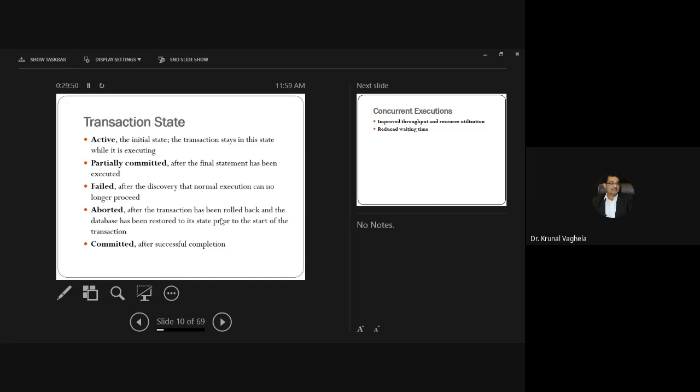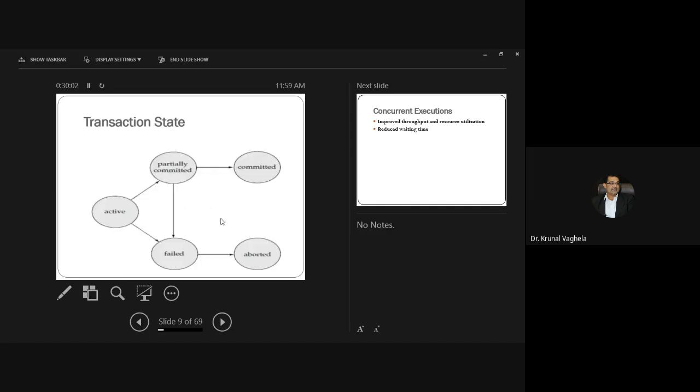Failed: after the discovery that normal execution can no longer proceed, the transaction can be failed. So from active, the transaction is right now executing. If the transaction successfully executes the last statement, then it is partially committed. Or in between, due to some failure, the transaction can be failed.